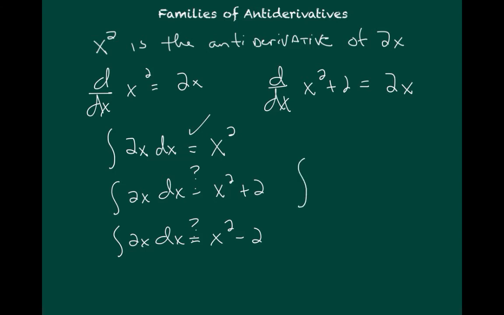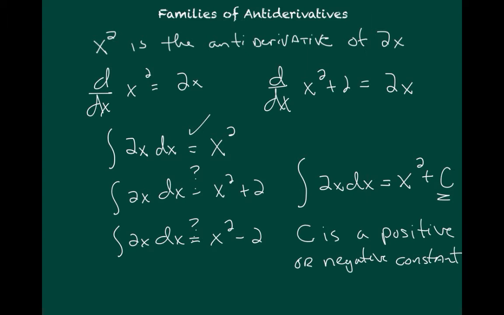And so the antiderivative of 2x is going to equal x squared plus c, and c can be any positive or negative constant. And that's what we mean by families of antiderivatives.